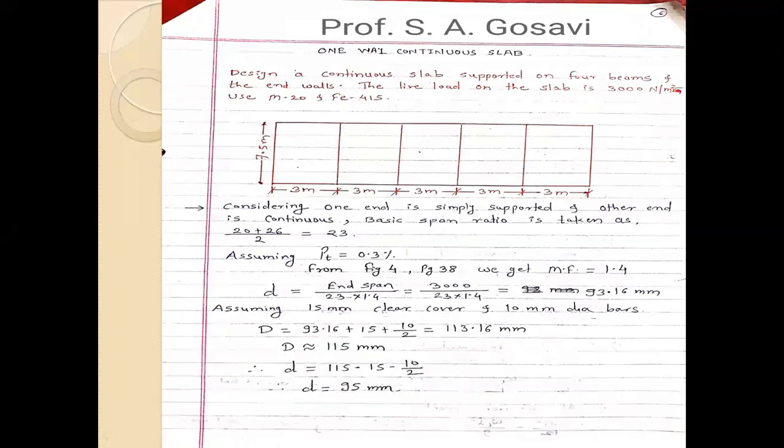After this, as usual, we assume the percentage of steel, and here we have assumed the percentage of steel as 0.3%. Again, from figure number 4, page number 38, we have to calculate the modification factor, and from that we are going to calculate the effective depth.